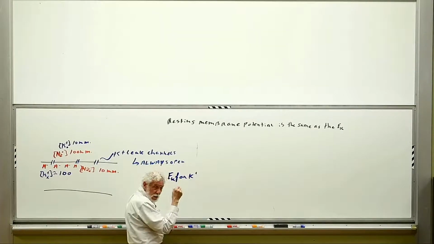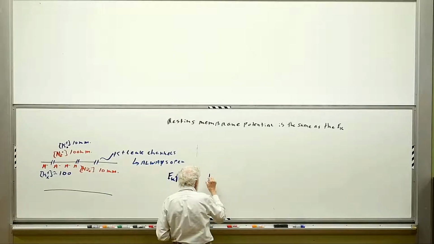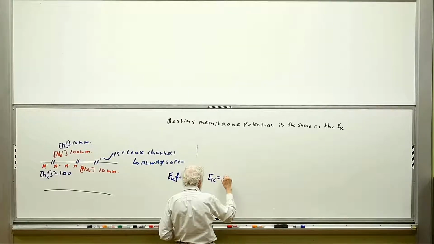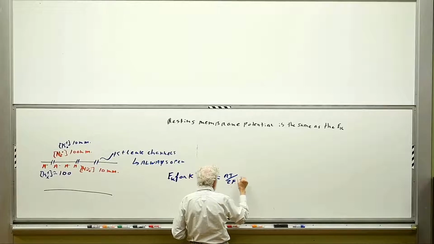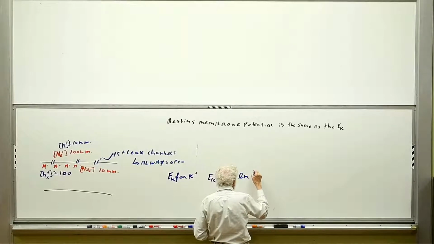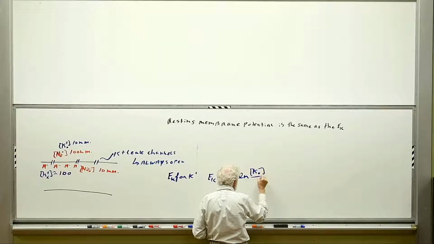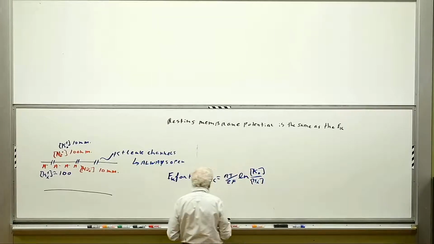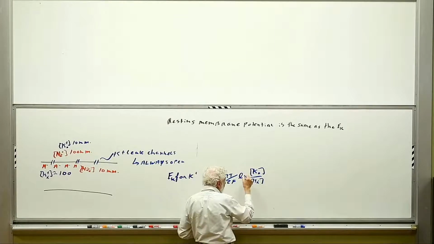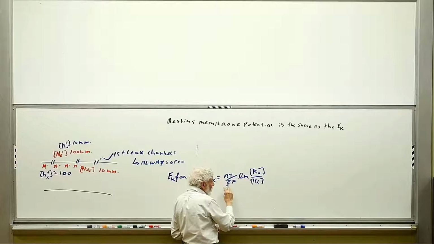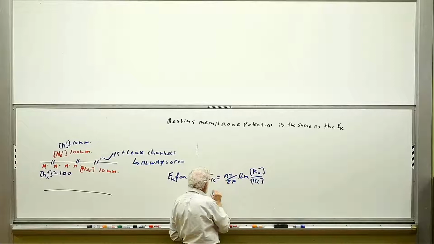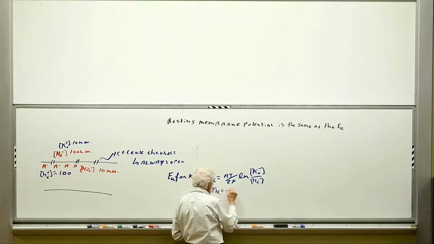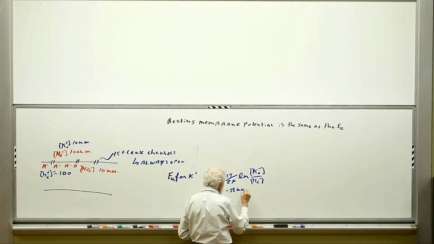And we gave this an equation. We said EK equals RT over ZF times the natural log of the potassium concentration on the outside divided by the potassium concentration on the inside. And we made these numbers work because we said we could change this constant and the natural log to a constant, and we said, okay, at room temperature, we can say that EK equals minus 58 millivolts.